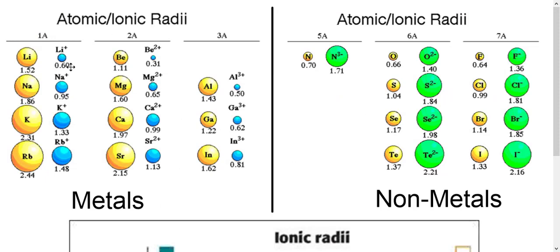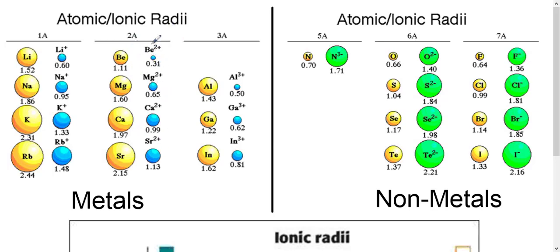So here are some metals. This is group 1: lithium, sodium, potassium, rubidium. And these are the lithium 1 positive ion, sodium, potassium, and rubidium ions. You can notice that every single one, from the parent atom to the ion that it forms, gets smaller. Then group 2: beryllium, magnesium, calcium, strontium, the normal atoms versus their ions.